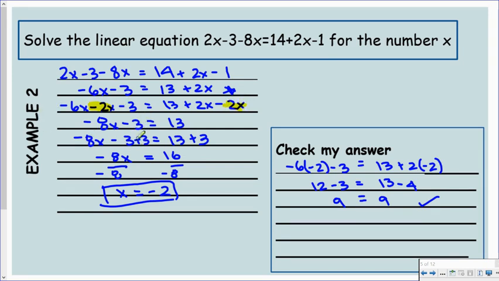And then I had to add 3 to both sides. That's my addition property of equality. So it's whatever math operation you're doing. And then the last one, I divided both sides by negative 8. So that would be my division property of equality.